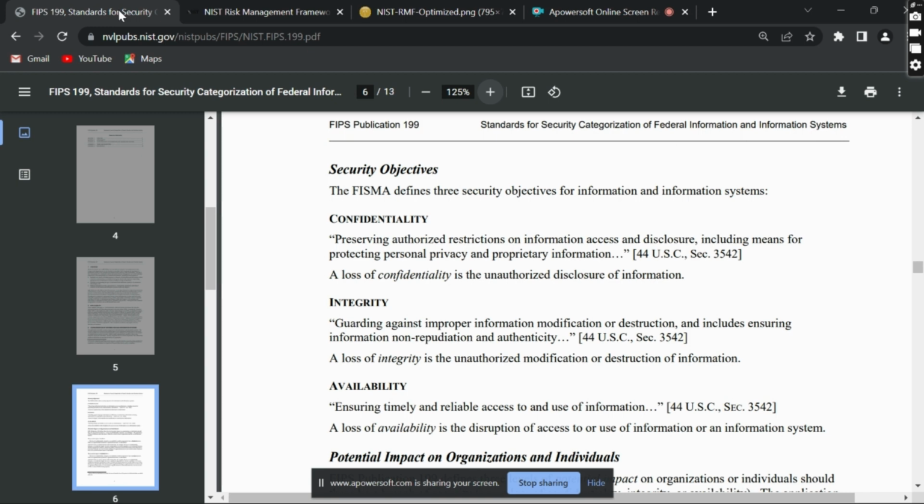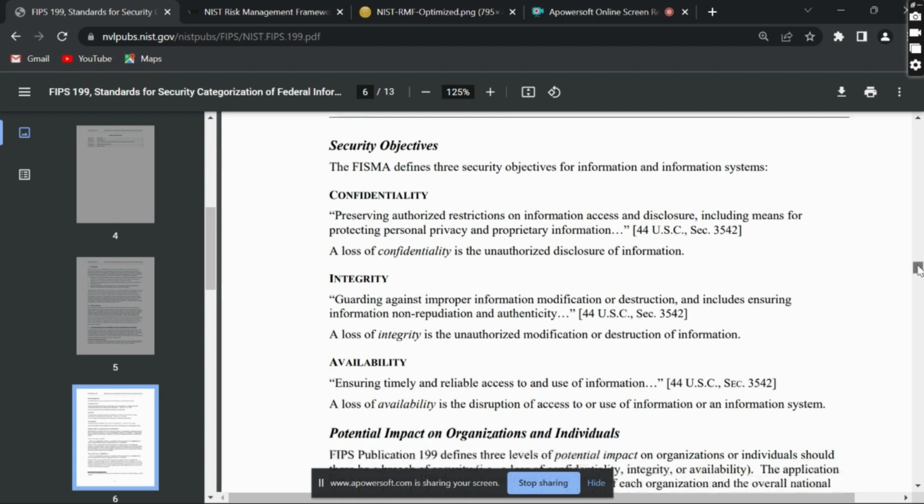When we talk about the security objectives, we have three: confidentiality, integrity, and availability. Confidentiality means preserving authorized restrictions on information access and disclosure, including means for protecting personal privacy and proprietary information. A loss of confidentiality is the unauthorized disclosure of information.